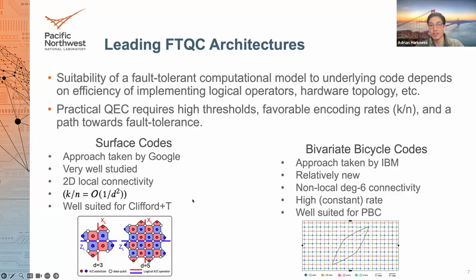On the other hand, we know that the bivariate bicycle code, such as the gross code, is a QLDPC code, so we have a high constant rate. And the trade-off for that comes at increased hardware requirements. Basically, we need non-local degree 6 connectivity for each qubit.